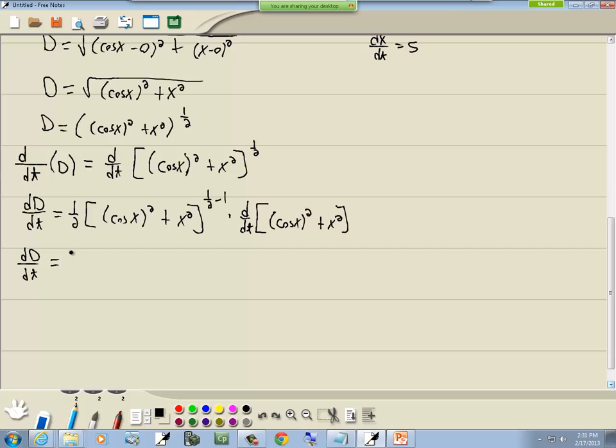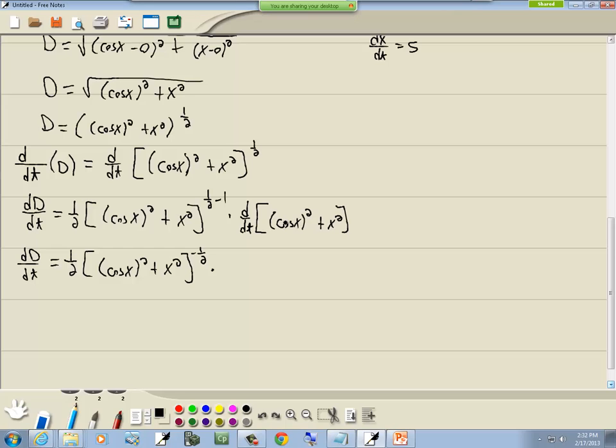Well, we got 1/2 here, and then this is cosine x squared plus x squared. 1/2 minus 1 is negative 1/2 times the derivative of this.